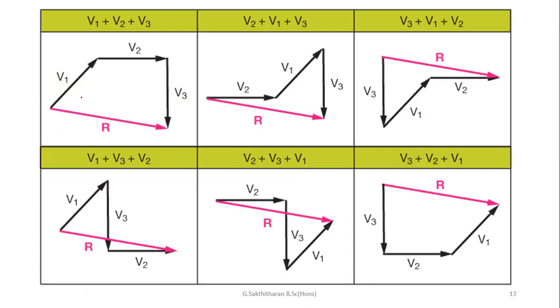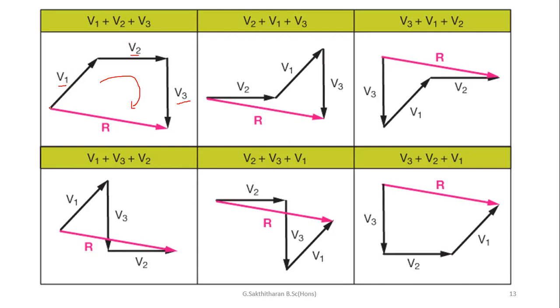Okay, here some of the examples of vector addition. Here vector v1 and vector v2 and vector v3 have a same direction clockwise.